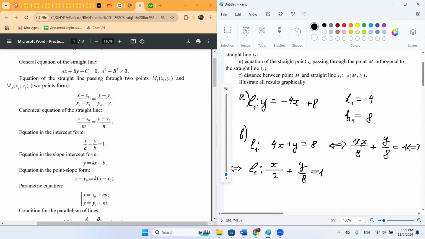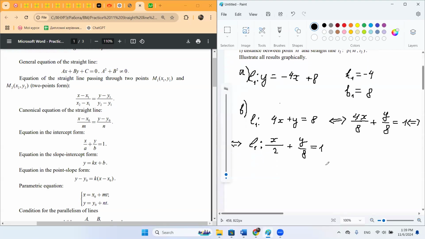So it will be easy for us to build the graph of this straight line.